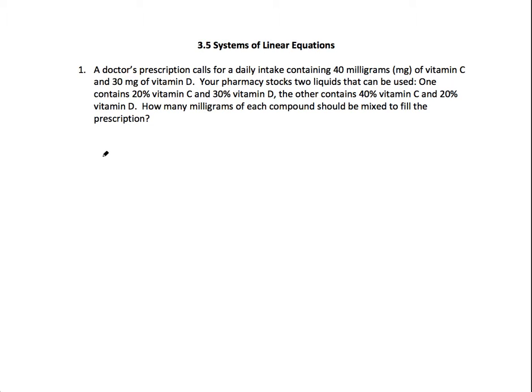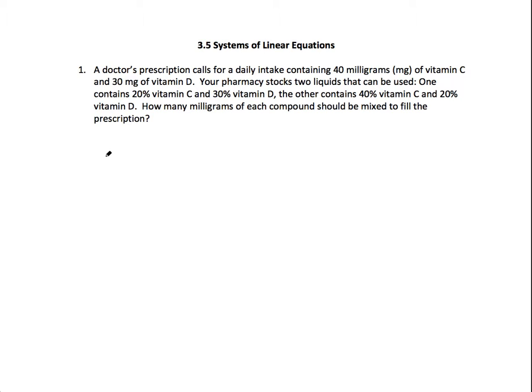Let's suppose that a doctor's prescription calls for a daily intake of 40 milligrams of vitamin C and 30 milligrams of vitamin D. However, the pharmacy stocks only 2 liquids that you can use to fill this prescription.